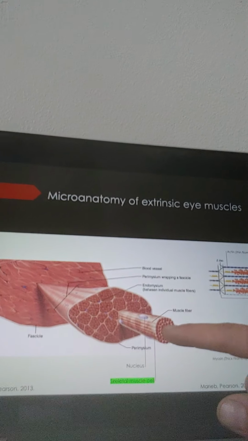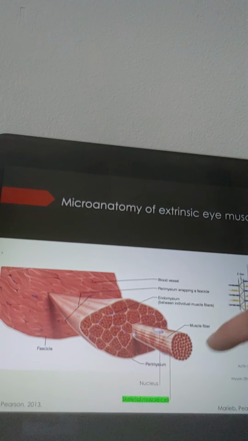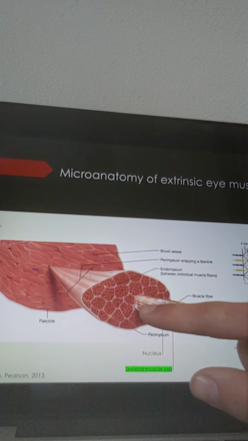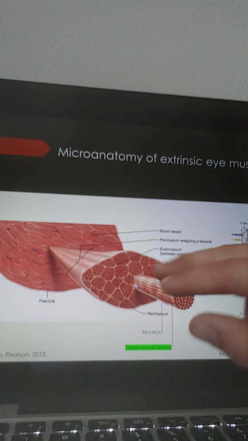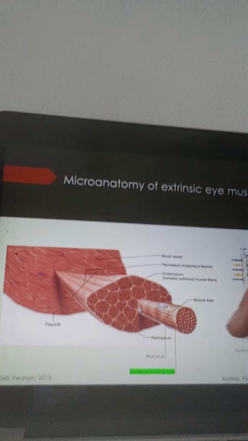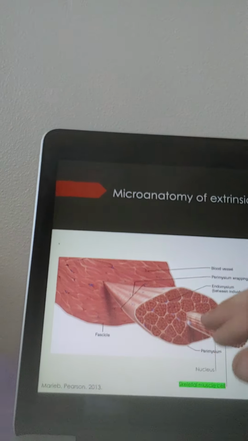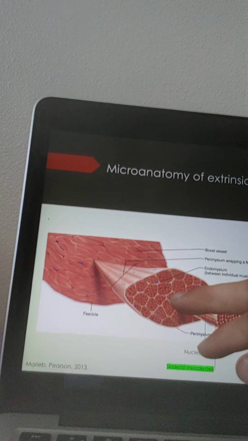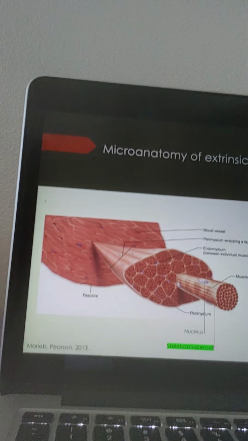These skeletal muscle cells are multinucleated and come enclosed in these fascicles, or these sheaths, and they arrange them into these packages, which is very convenient for the body. And so here's a whole muscle, here's a muscle bundle, and here is a muscle fiber with the individual nuclei. So that is one muscle cell.